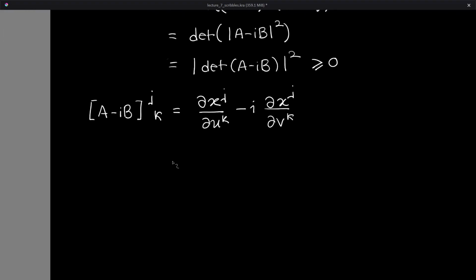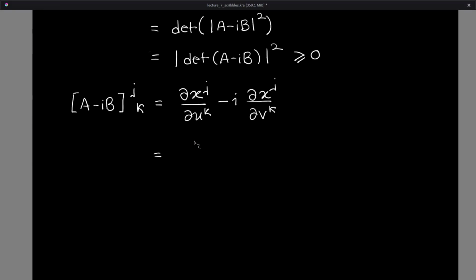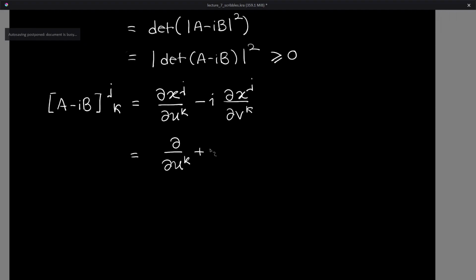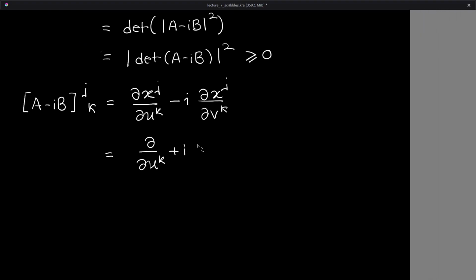So then this is equal to partial u_k plus 1 over i partial v_k of partial x_j. Let me check my notes to make sure I'm not making a mistake here.